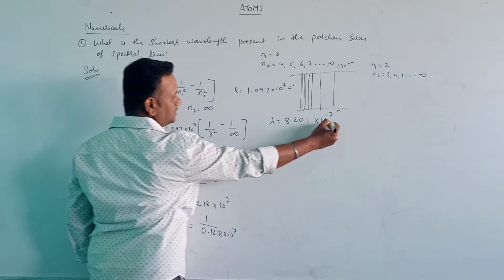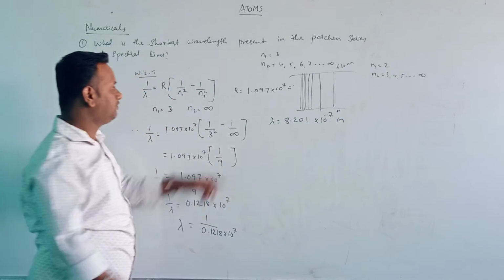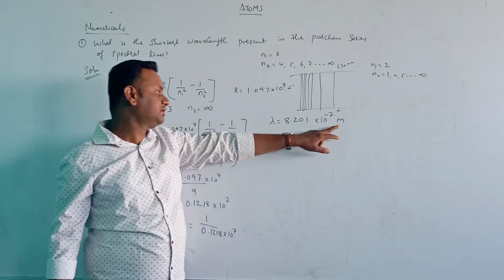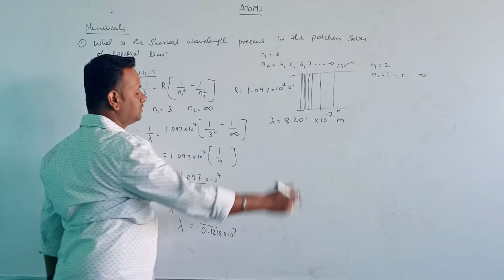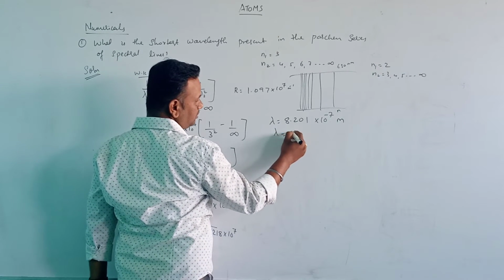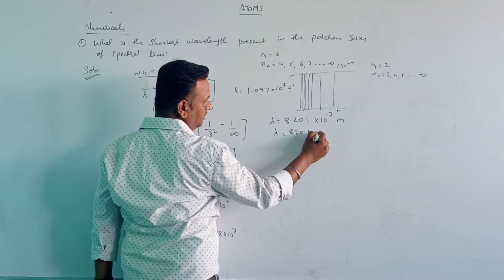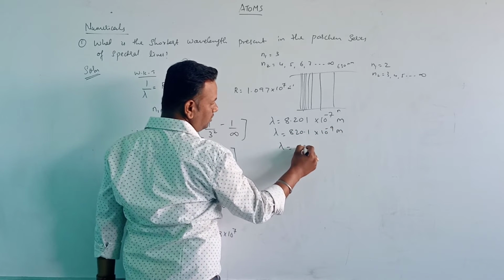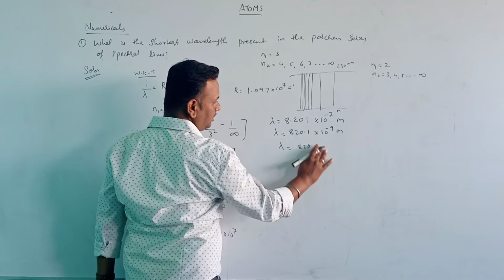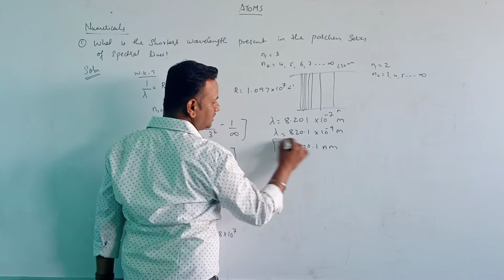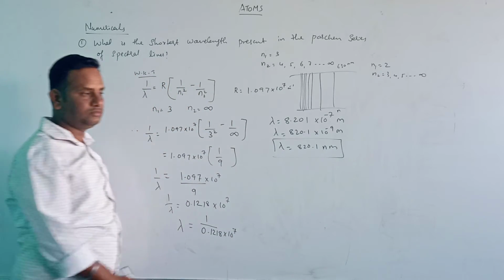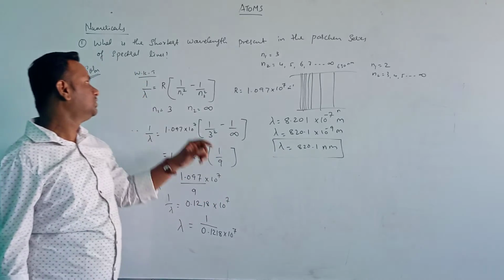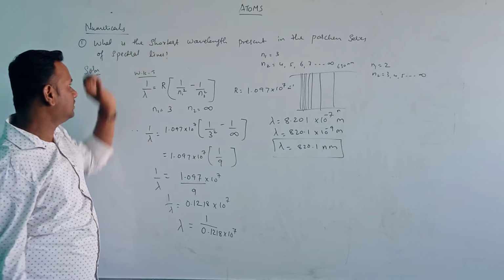It is in meter. Here we wrote per meter, so it goes to the numerator and we write it as meter. Then lambda is equal to 820.1 into 10 to the power of minus 9 meter. So lambda is equal to 820.1 nanometer, since 10 to the power of minus 9 means nanometer. This is the required solution where we have found the shortest wavelength.